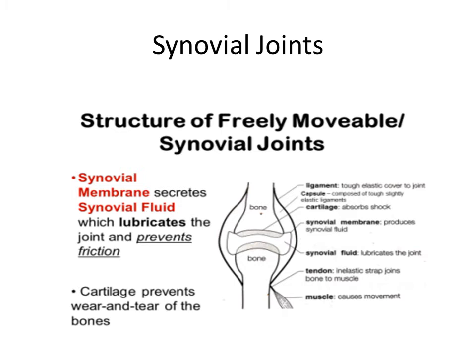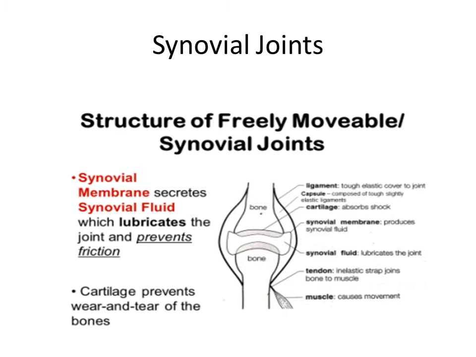The synovial membrane secretes synovial fluid, which lubricates the joints and prevents friction. You may be saying, what is synovial fluid? We're going to know what synovial fluid is in a few. Cartilage prevents wear and tear of the bones, okay?